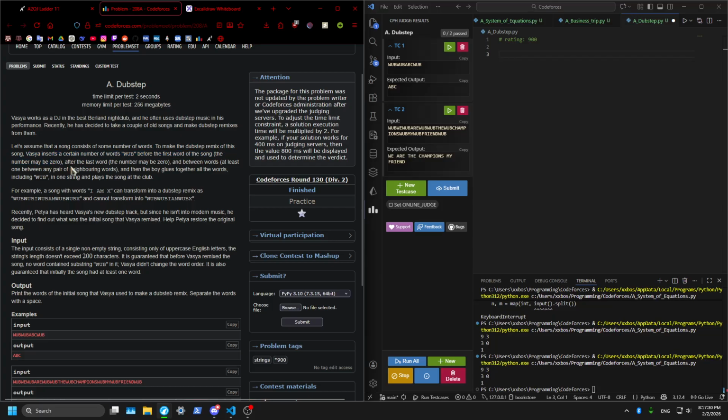Number may be 0 after the last word. In between the words, at least one. Okay. I see. But since he isn't into one, he decides to find out what was the initial song. Okay, find the initial.